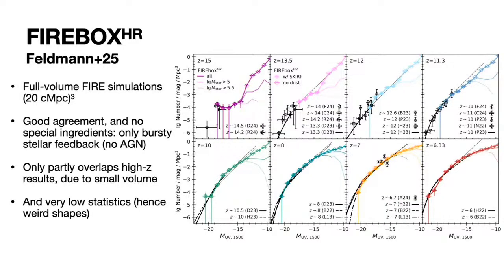There is a nice, the FIREbox simulation, which is the same models that they use in the FIRE zoom simulations. And doing that in a cosmological volume, they actually can reproduce largely the UV luminosity function over this range of very high redshifts. Although there is really a lack of statistics here at the extreme redshift end.